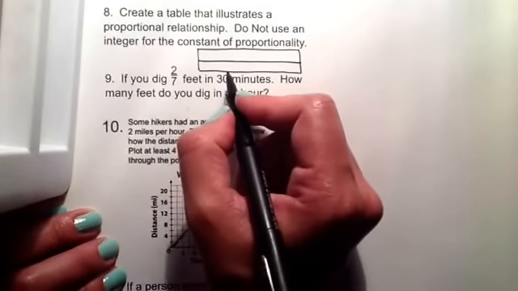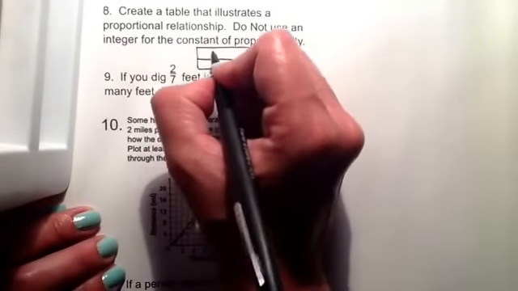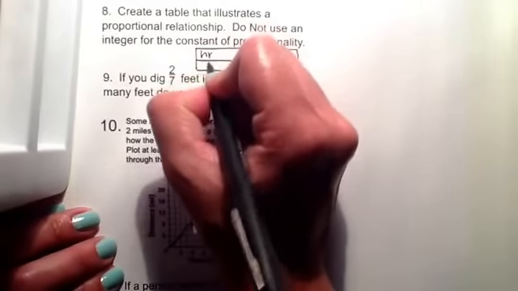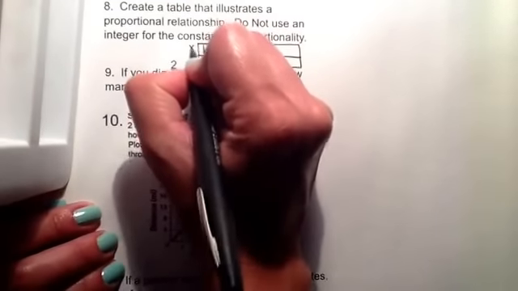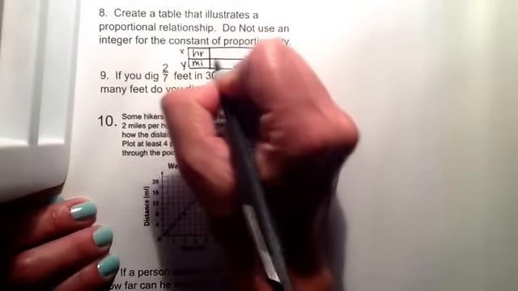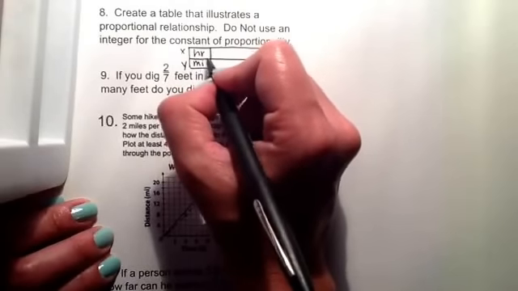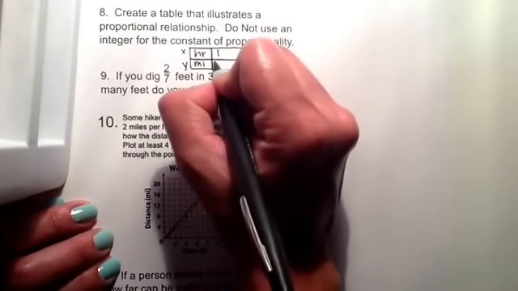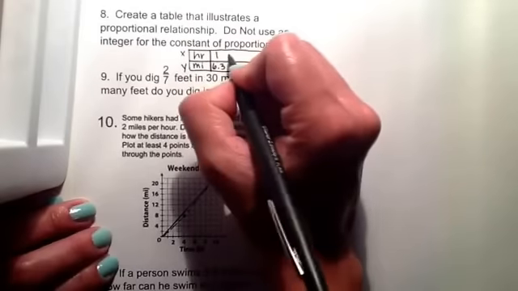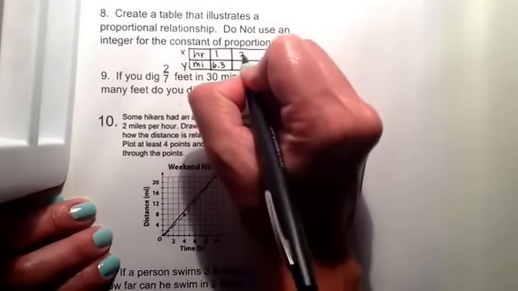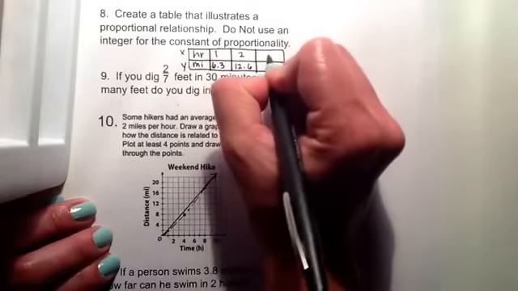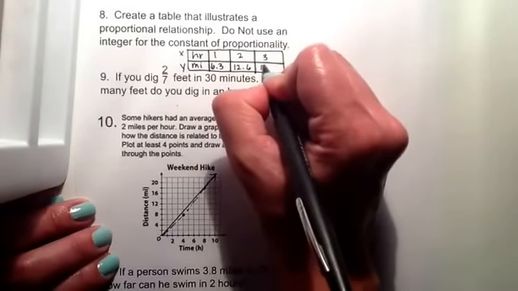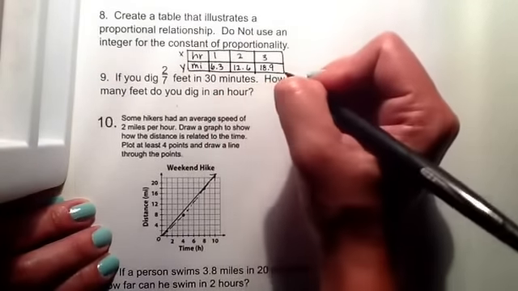Okay, so this is just an example of something you'll see. It's not the exact problem, but let's say I was talking about miles that I run per hour. So in 1 hour, let's say I run 6.3 miles. Then that means in 2 hours I would be running 12.6 miles. And in 3 hours I would be running 18.9 miles.